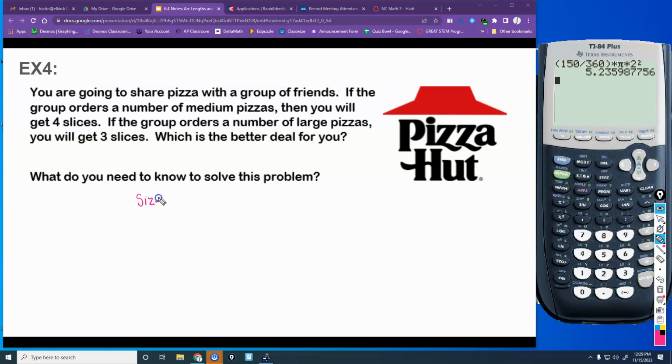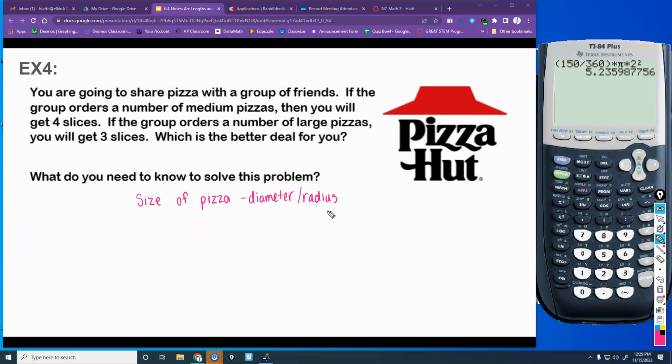Whenever you say size, you don't mean medium and large. What do you mean? Right, we need it in inches, so like a diameter or a radius will do of these pizzas.